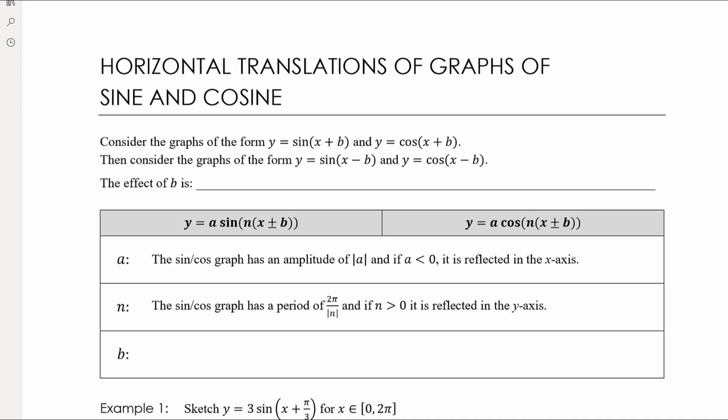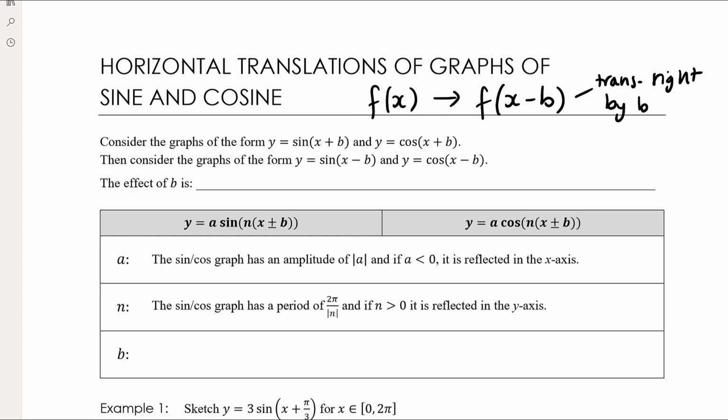So hopefully we recall that when dealing with functions, if f of x becomes f of x minus b, it has translated to the right by b, providing that b is a positive number, obviously.